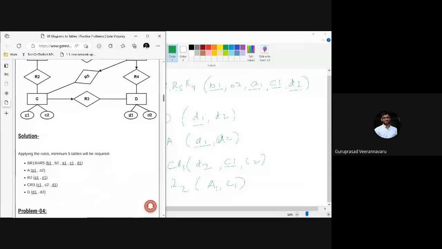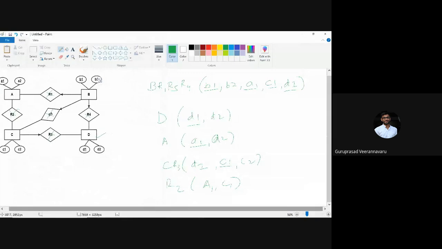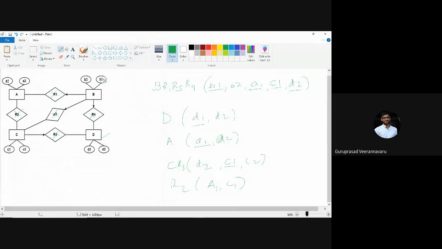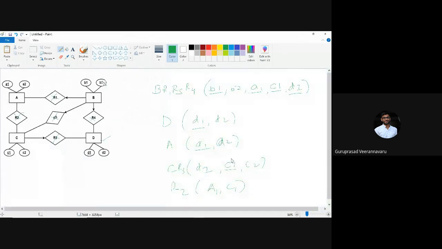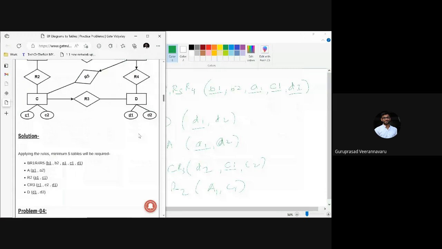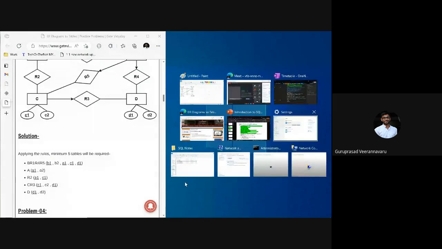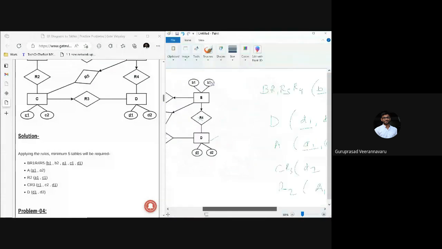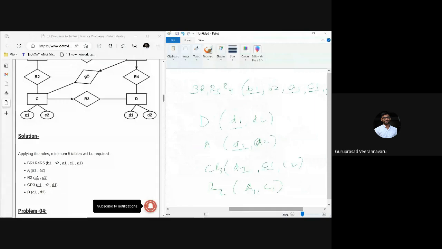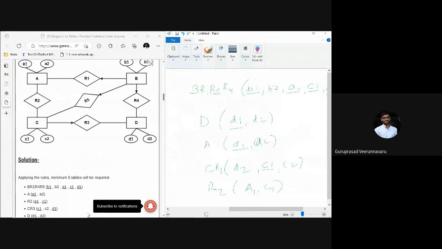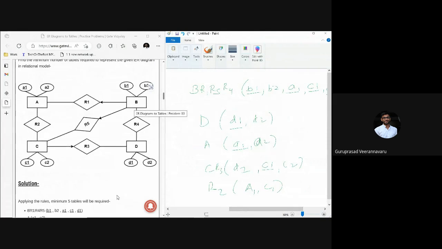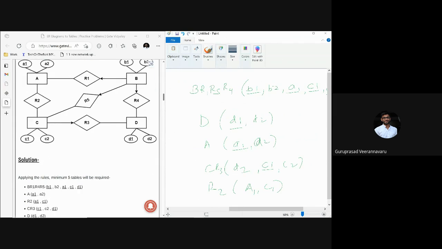Okay. So just like how we discussed, there is one, correct, right? B R1, R4, R5 is 1 because B is dependent on A, B is dependent on C, and B is dependent on D. But D is not actually dependent on anyone.